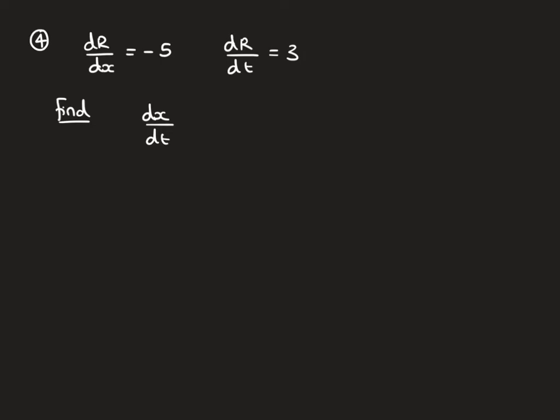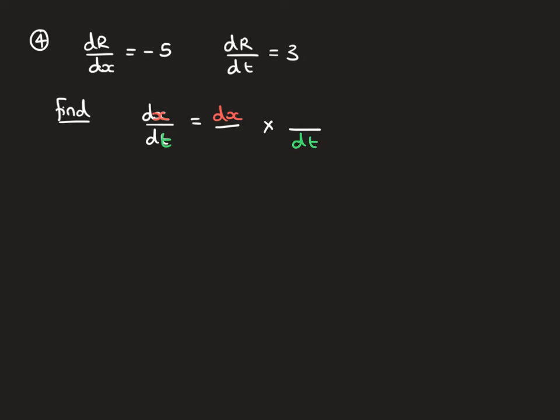We have dr by dx and dr by dt, capital R here, and we need to find dx by dt. So same system applies. I want there to be a dx here, so I've got to have this, and I want there to be a dt here, which means I need a derivative with respect to t here.